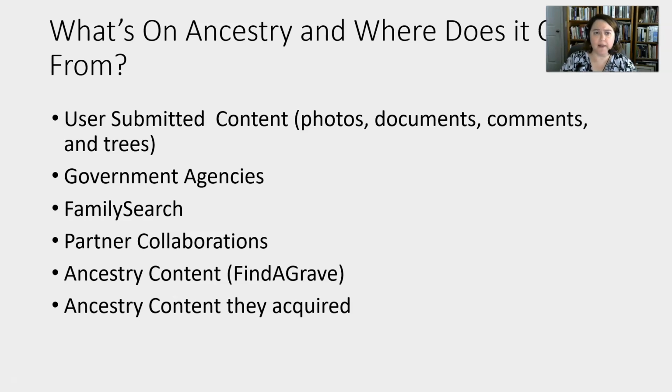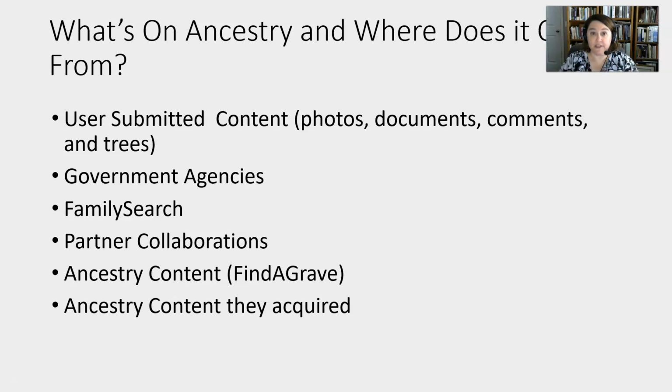There are partner collaborations. In fact, I was just thinking about that, Ancestry got some information from the California State Library. And so they go to an entity and say, hey, we want this. And that entity says, okay, and they either come to a financial deal or a deal that provides their members access to Ancestry or something like that.